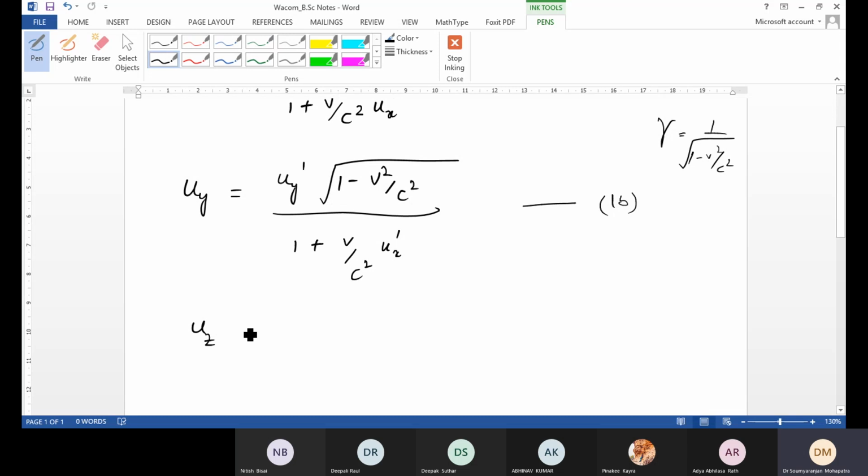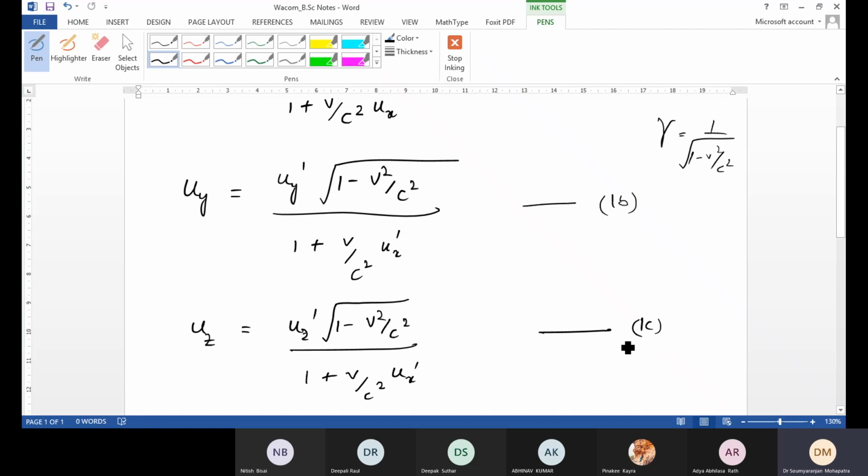And uz is equal to uz prime times root over 1 minus v square by c square, divided by 1 plus v by c square ux prime. This has to be ux prime. This is 1c.